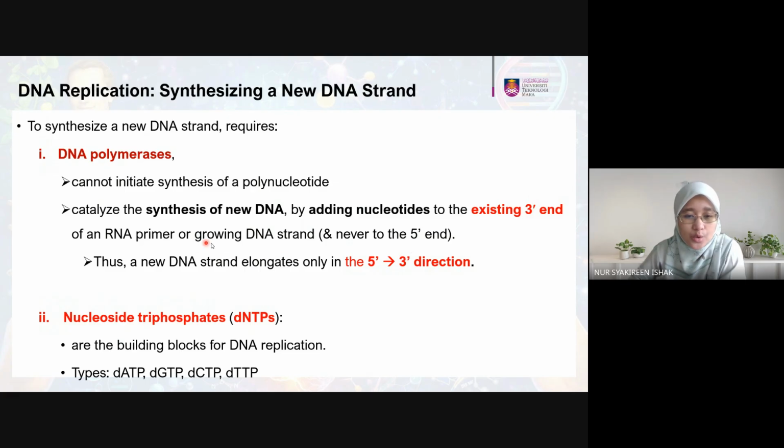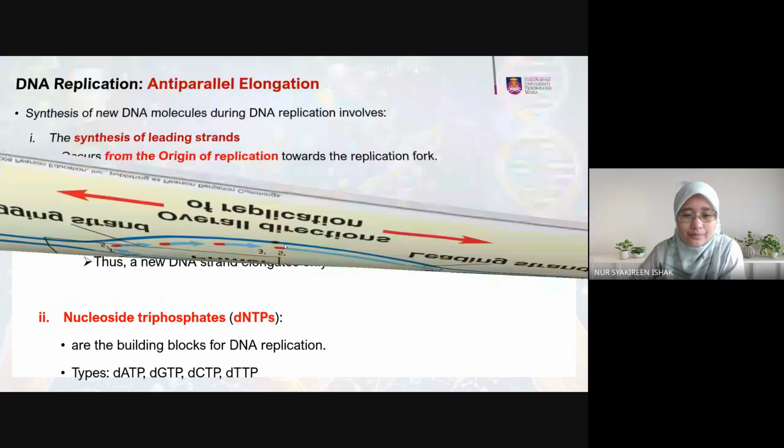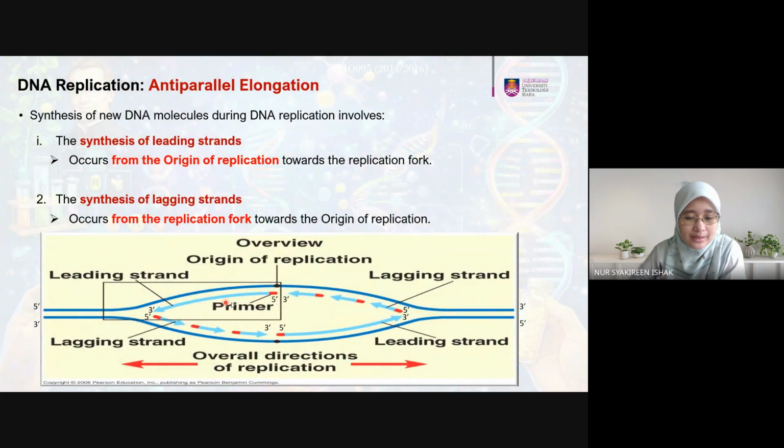This is the growing DNA strand. As the new DNA strand elongates, here there is a 3' end. So this is where DNA polymerase 3 will add the next and the next and the next DNA nucleotide.